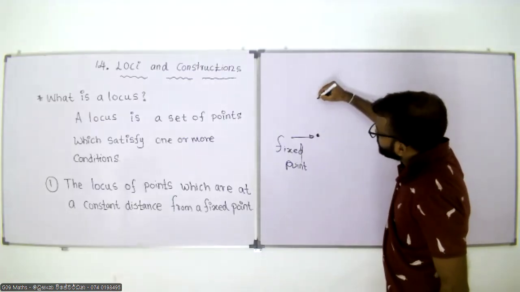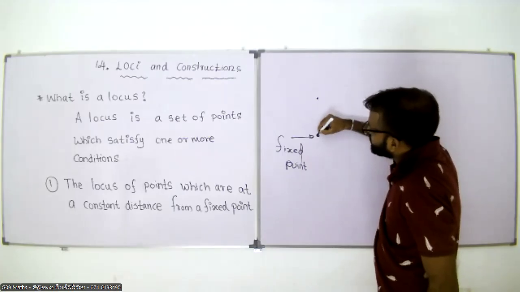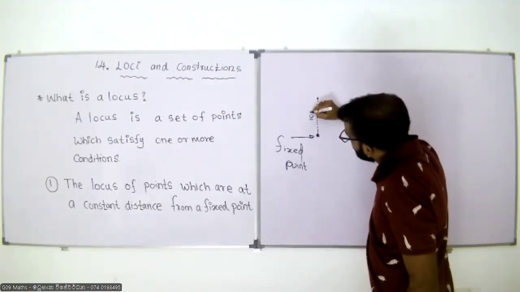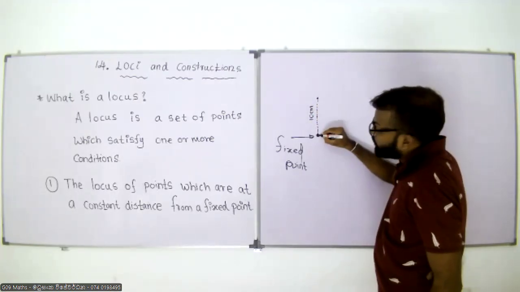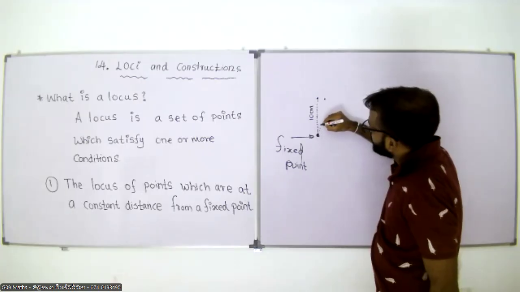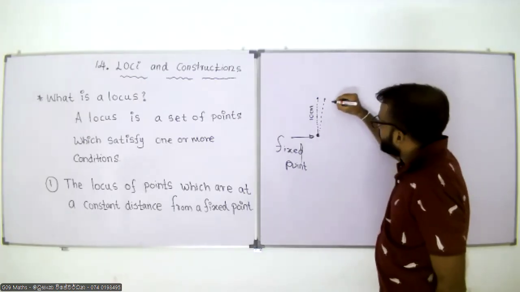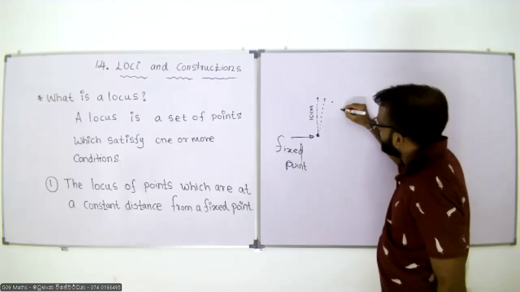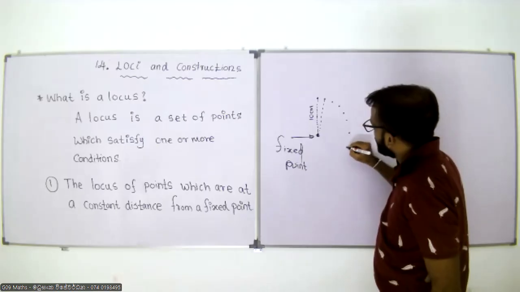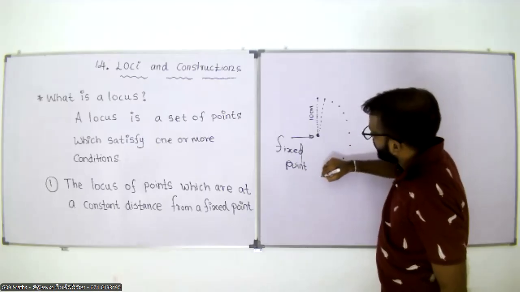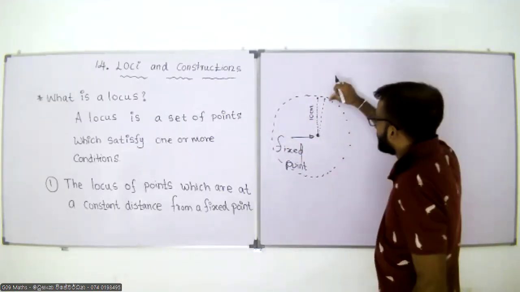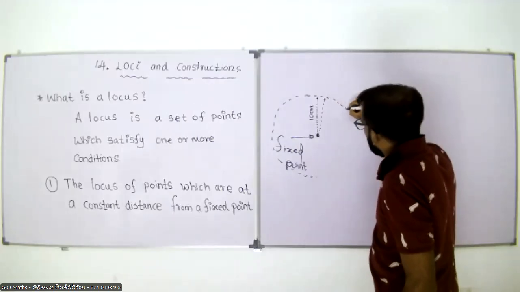As an example, from here to here I have 10 centimeters. From here to here, I mark another point which is also 10 centimeters, and again 10, again 10, all the way around, 10 centimeters.